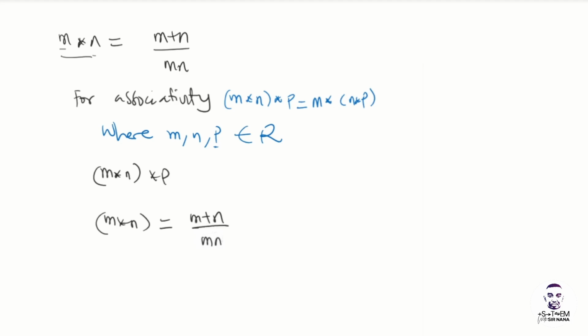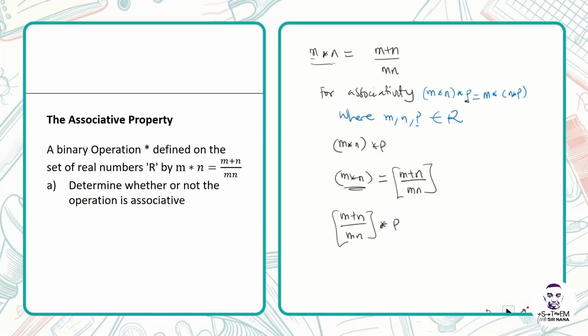So we know that this m operation n is being replaced by m plus n all over mn. So we are going to have m plus n all over mn, replacing m operation n, and that will operate on the p, so operation p, right?